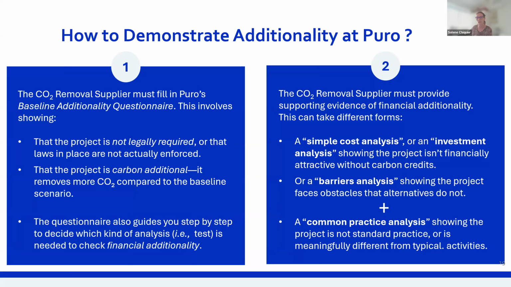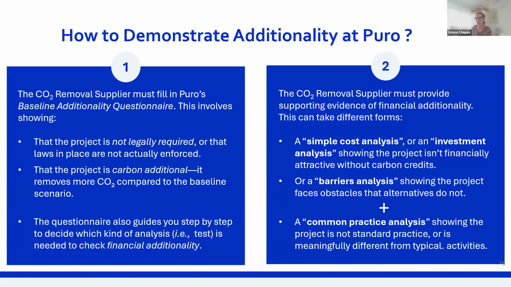You will have to explain why your project removes more CO2 than the baseline scenario, again what Reagan explained earlier. And then the questionnaire will guide you on what kind of financial analysis you have to conduct to demonstrate your financial additionality. Second, this is where you will have to provide that evidence of financial additionality.